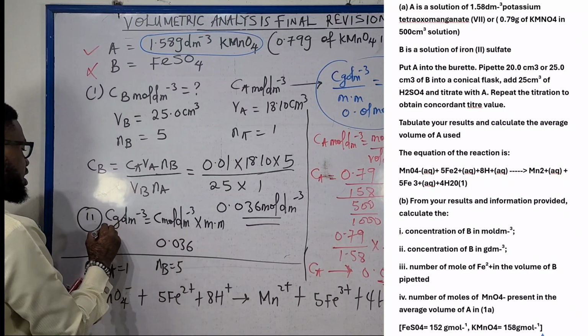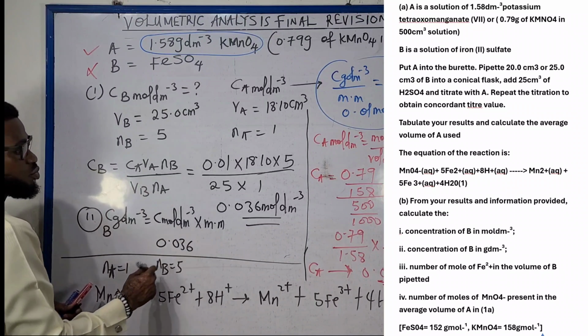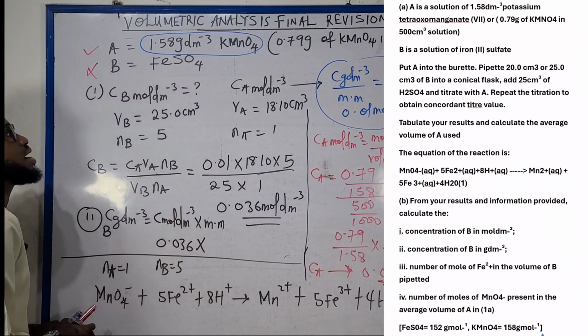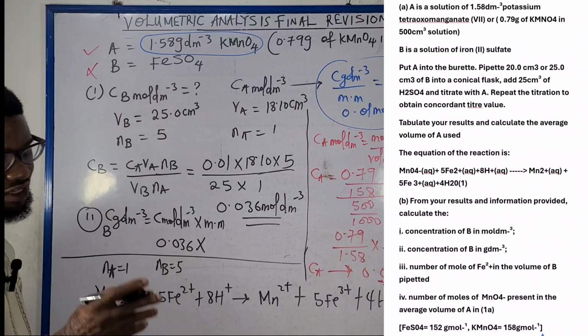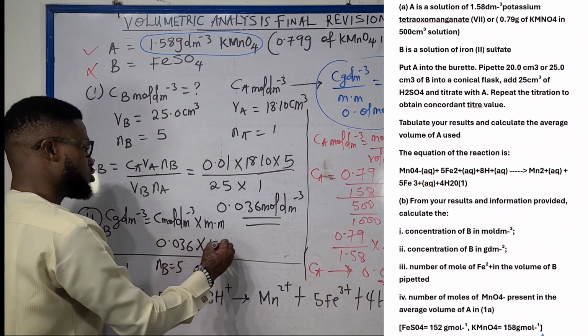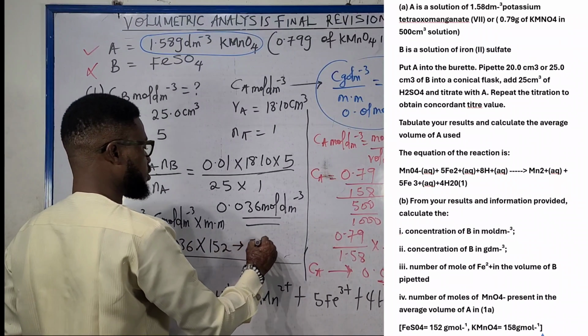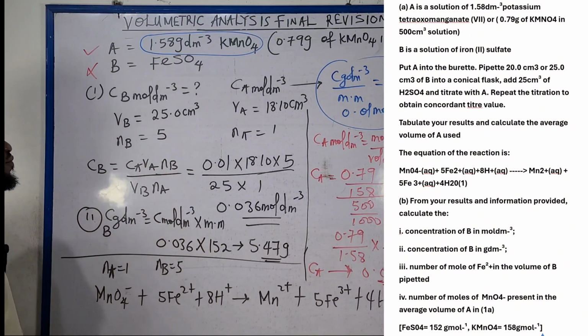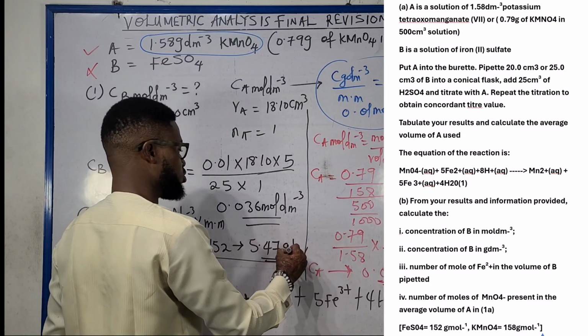Because we're looking at the concentration of B in g/dm³, that is 0.036 mol/dm³ times the molar mass of B. B is iron sulfate, and that is 152. That is 5.47 g/dm³ in this case.